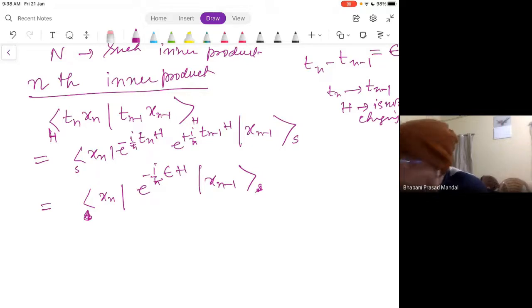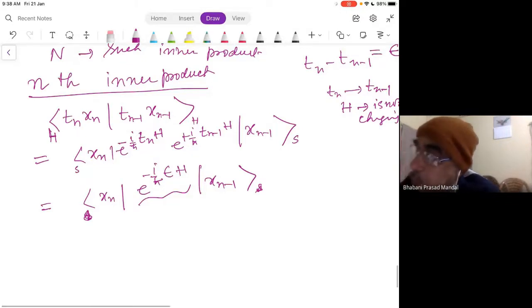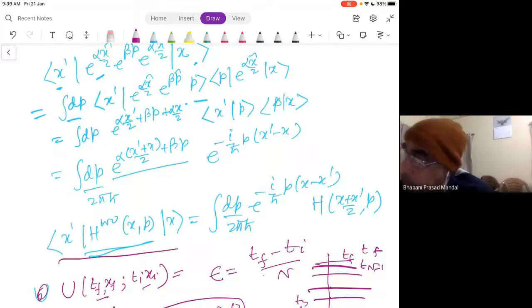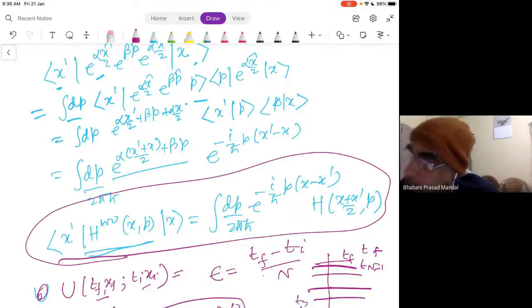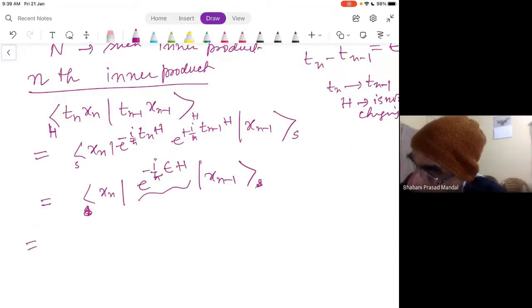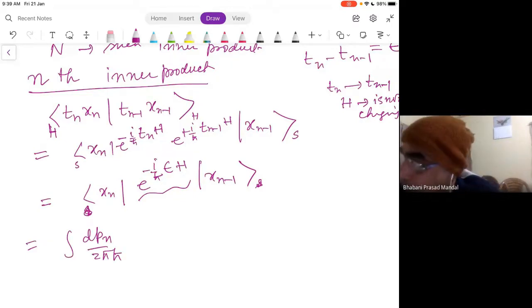Okay, and we will calculate this using Weyl ordering. So this is the quantity, you know how to calculate with Weyl ordering, that it should be the midpoint prescription. So if I use the formula for Weyl ordering that I derived today for the calculation of this inner product, I can write dP_n over 2 pi h cut, and then this H will be replaced by (x_n plus x_{n-1}) by 2 and p_n.